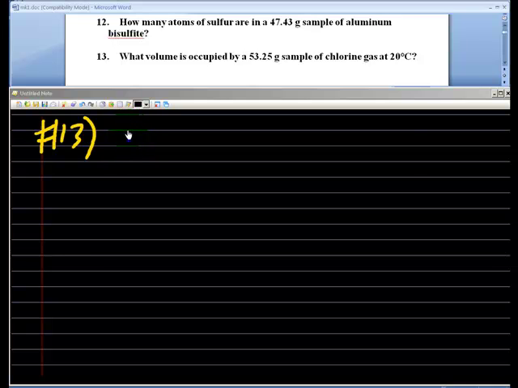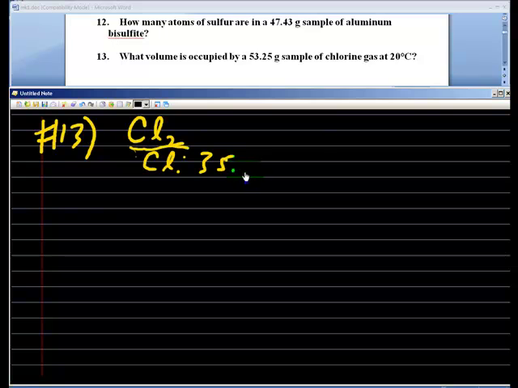Well, the first thing to realize is that chlorine gas is Cl2. Remember, it's a diatomic. So Cl2, if you're going to solve for the molecular weight, you look up Cl, chlorine. Each atom is 35.4, but there are two of them.